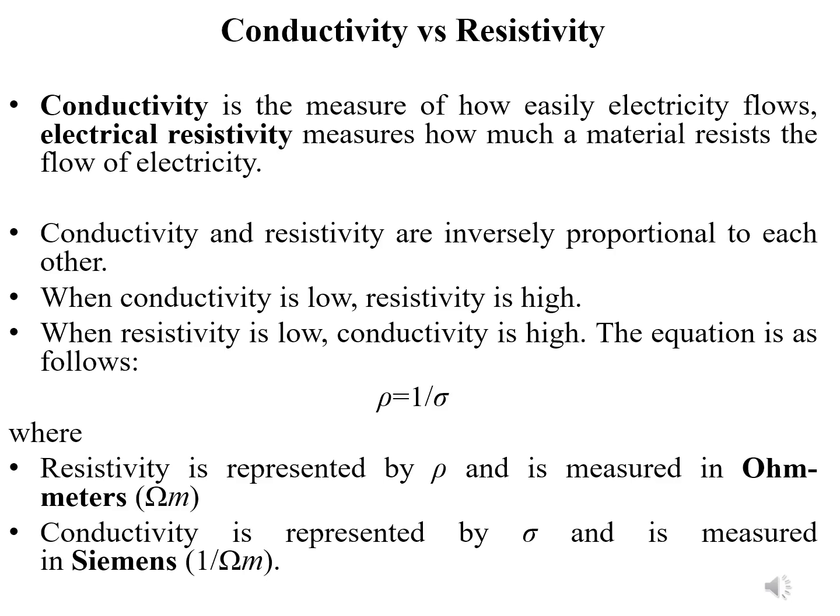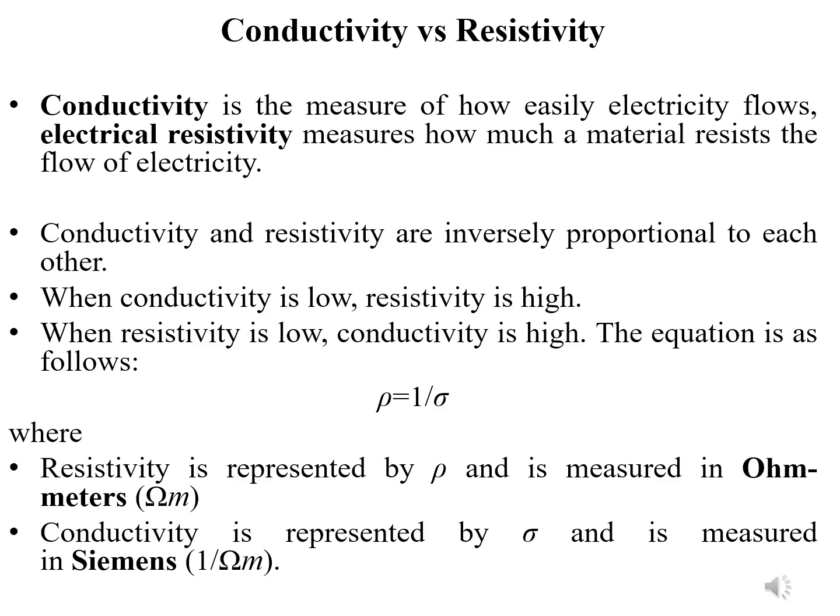If any material has low resistivity, its conductance will be more. We can explain this by the equation rho equals 1 over sigma. So resistivity is inversely proportional to conductivity, and similarly conductivity is inversely proportional to resistivity.